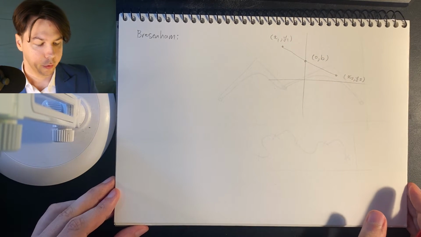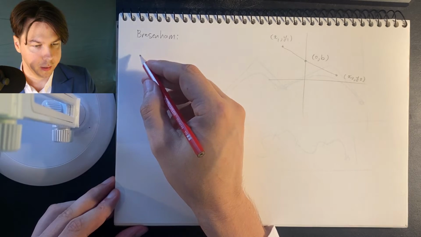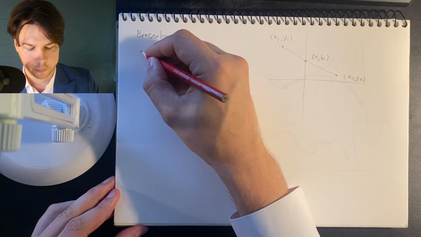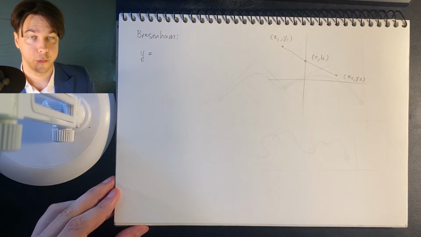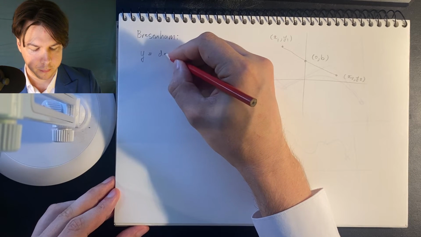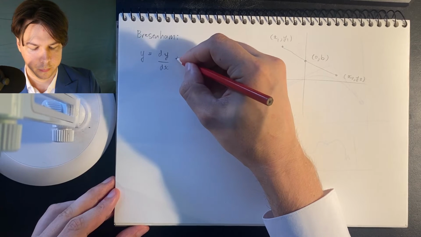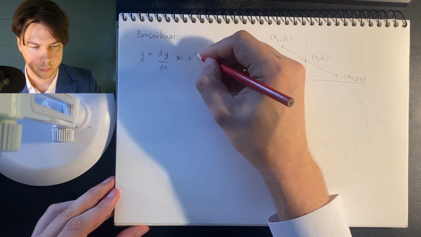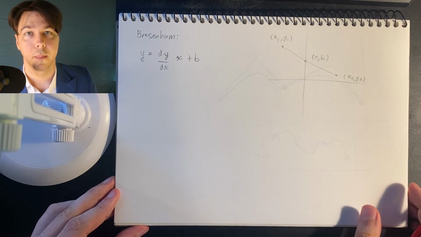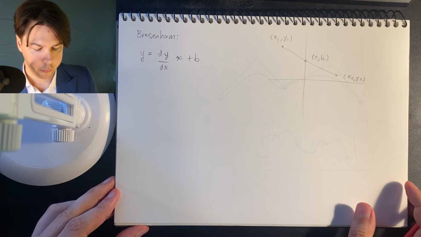Okay, so what we've got is the true value, so y will be the true value. That'll be dy/dx times x plus b.